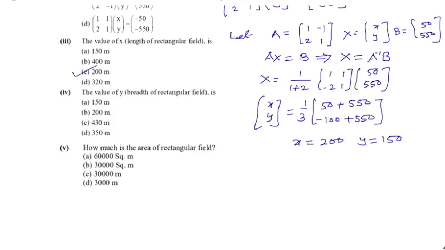So in third, the correct option is C, and in fourth, the correct option is A. And in fifth, how much is the area of the rectangular field? So simply the area is equal to length into breadth. So area is xy. Therefore, 200 into 150, that is equal to 30,000 square meter. Therefore, in the fifth, the correct option is B.